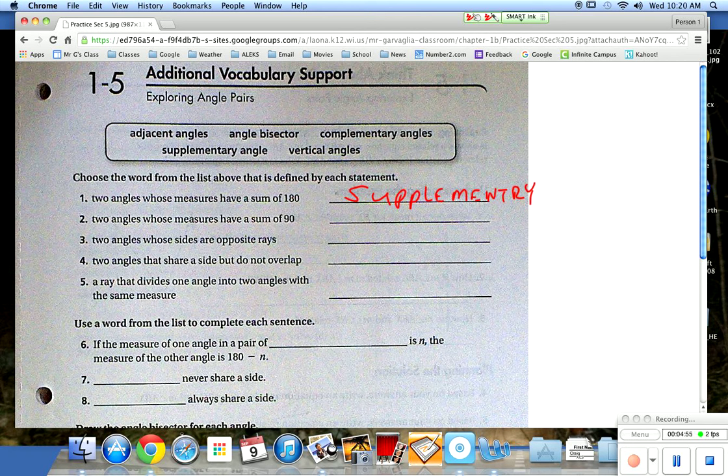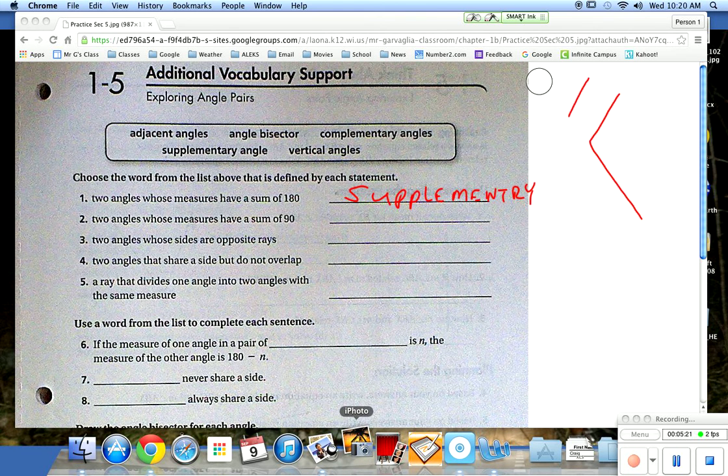Supplementary, the two angles add up to 180 degrees. If I had an angle like this, and an angle like this, and we added those together and they equaled 180 degrees, could we say those angles are supplementary? Yes.